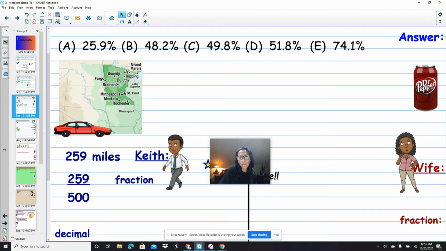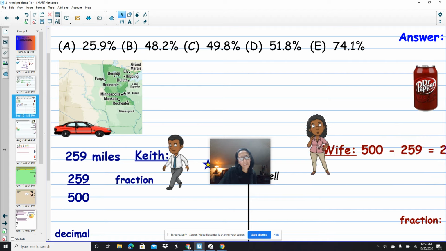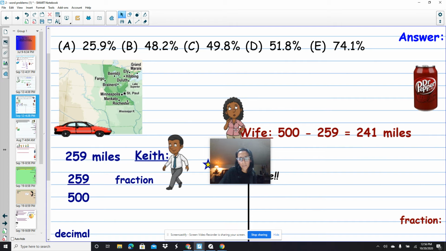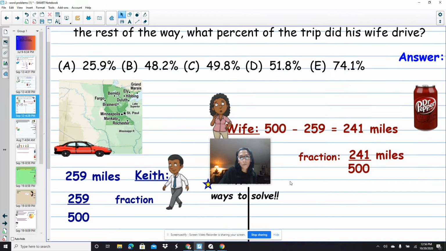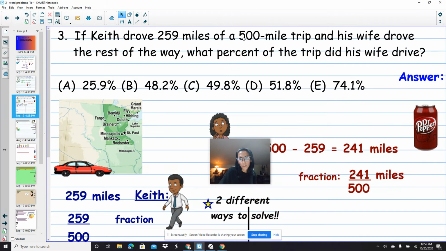Well, what does that leave for Kathy, or Kathy, his wife. I just made up that name from the last one. Well, she must have driven the 241 miles, which is 241 out of 500. Okay. In total, the whole was a 500-mile trip. This is the part that Keith drove.